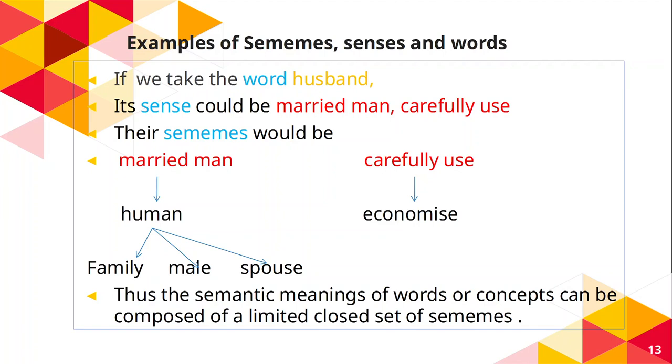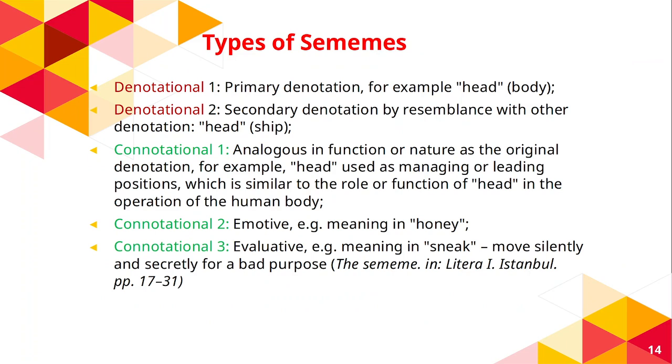Whereas if we take the other one, carefully used, it conveys only one sense, that is one seme, economize. Okay. So in this way you can see that the concept of meaning and seme are not very easy. You have to ponder about it.